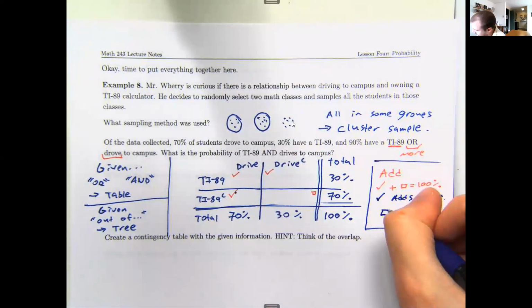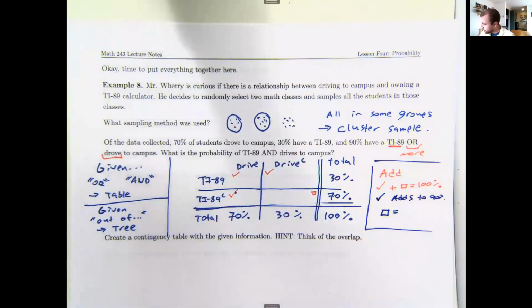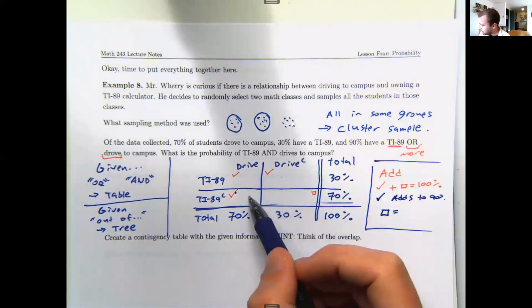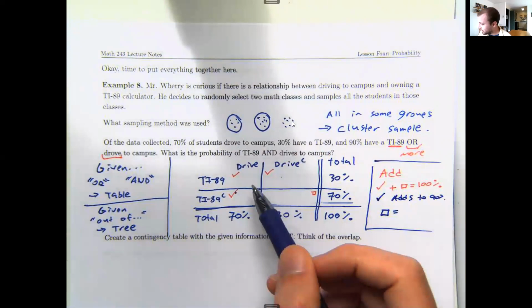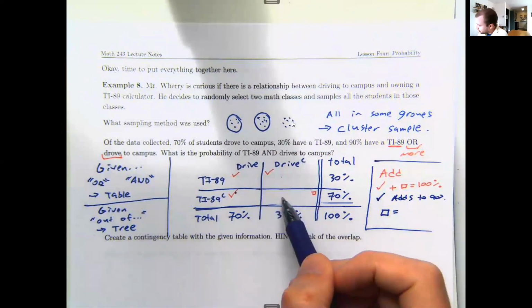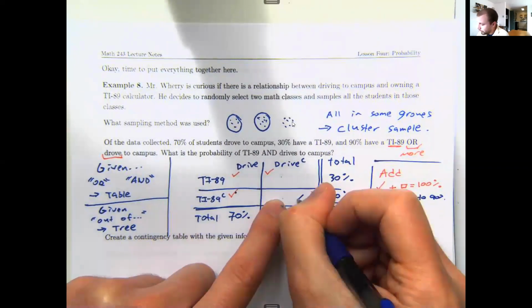So I want you to pause the video and try to figure out: if these three add up to 90 and they all together add up to 100%, how much does that leave me for this little box in the lower right-hand corner?